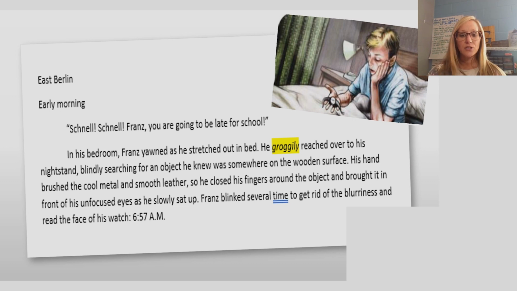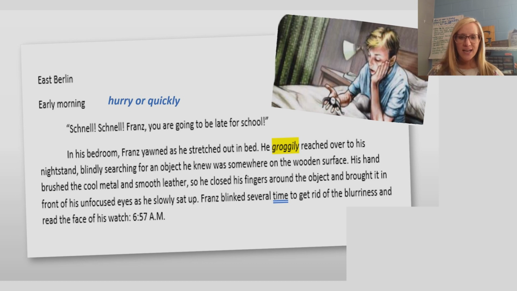The first sentence is, Schnell, schnell, Franz, you're going to be late for school. Based on the rest of the sentence, what do you think the word schnell means? I agree. Schnell must mean hurry or quickly because he's going to be late for school. I also noticed the highlighted word groggily. The word groggily ends in ly, which is a clue that this word is an adverb, meaning that it tells how something was done.